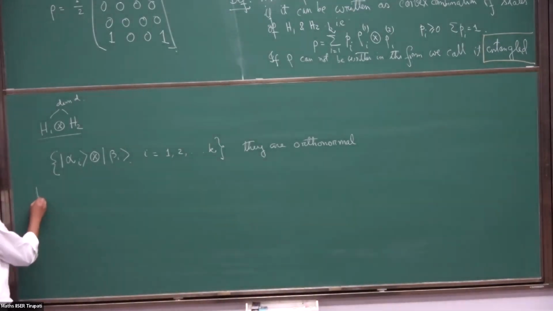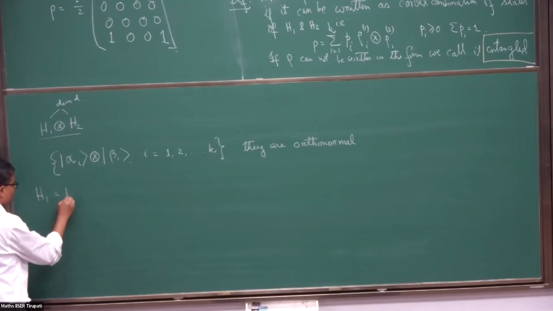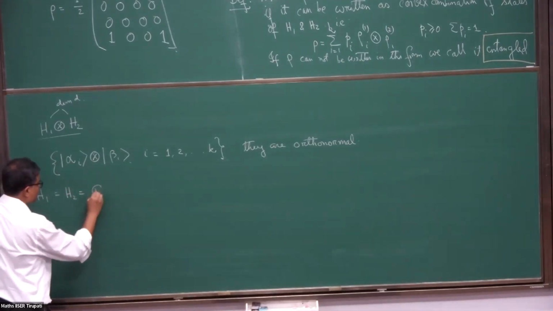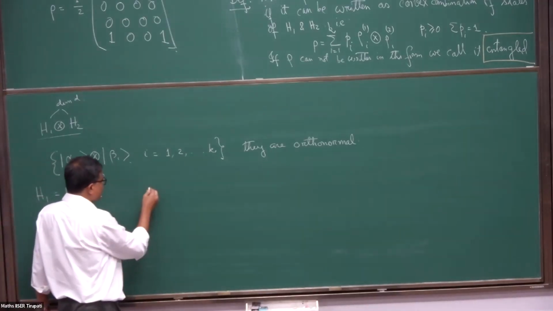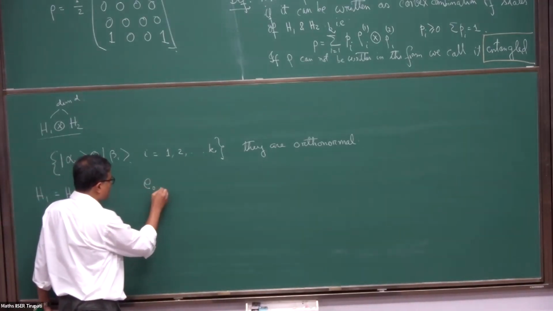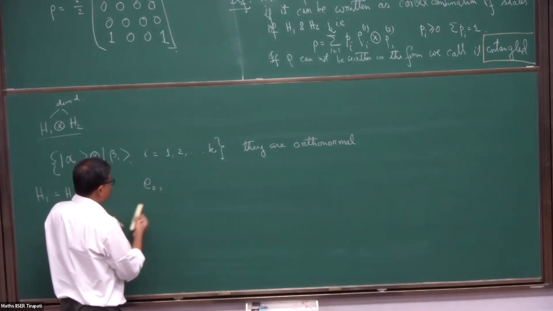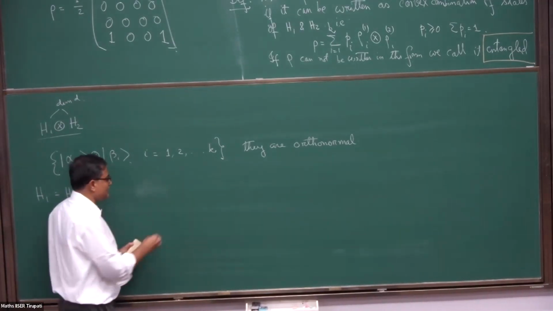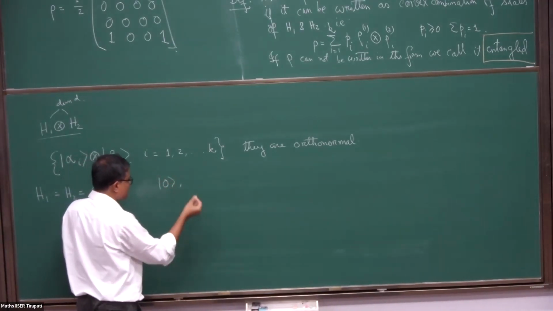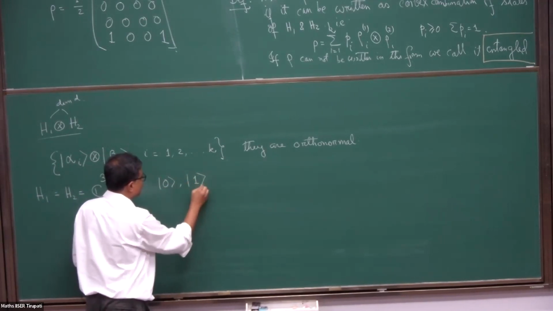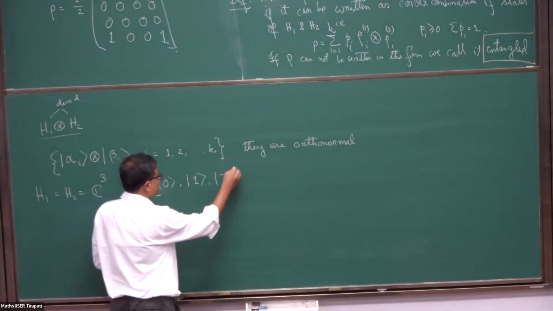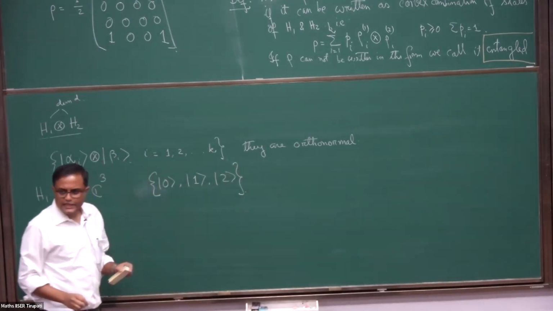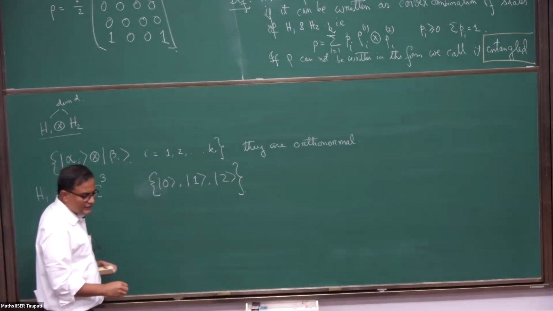So, consider the situation H1 is equal to H2 is equal to C^3. You have the standard basis, let us write it as e_0, which mathematicians like to write as e_0, e_1 and e_2 probably. They are the standard basis, and using this standard basis I am trying to write some vectors.